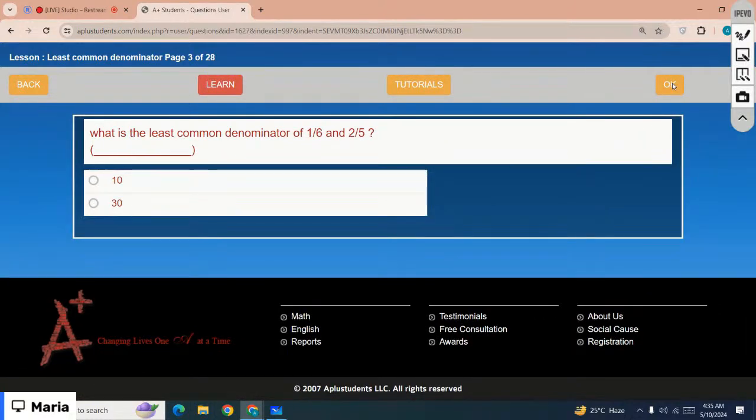What is the least common denominator of 1 by 6 and 2 by 5? Yes, the correct option is 30.